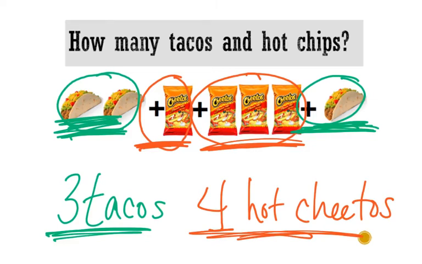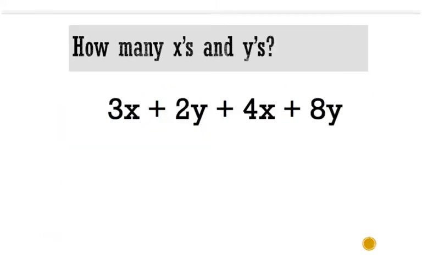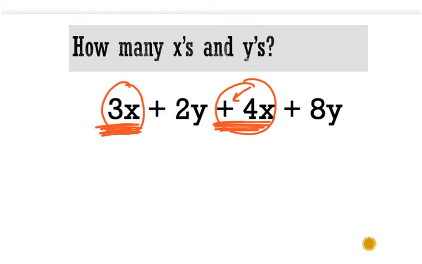So let's do that same thing, but with letters. In this example here, we have 3 X's plus 4 X's. Notice that I'm circling the sign that is in front of the number. So what is 3 X's plus 4 X's? 3 plus 4 is 7 X's.